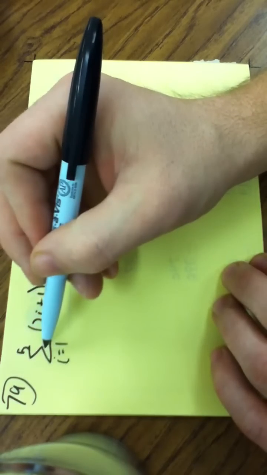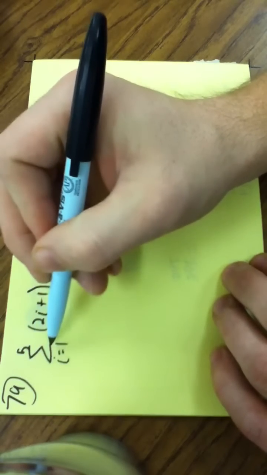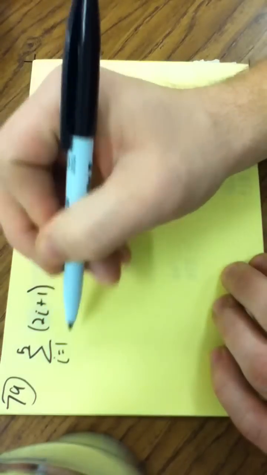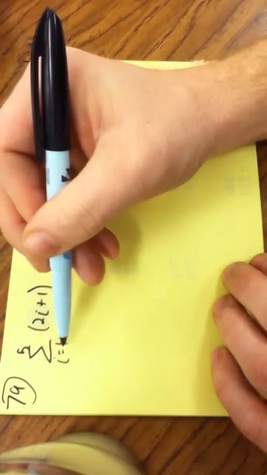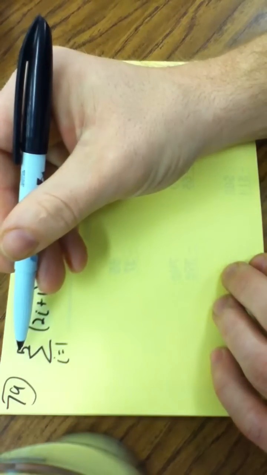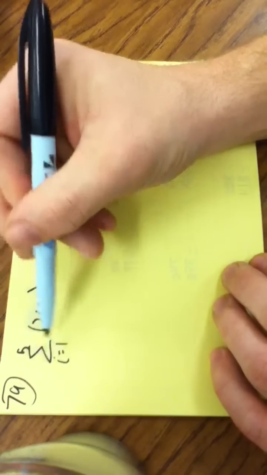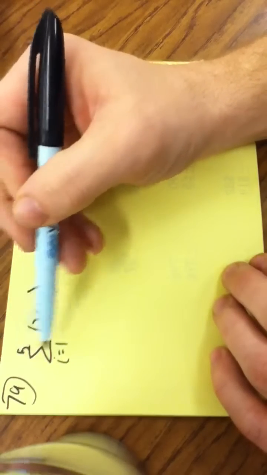It starts with S, so we like to use it for summation notation. What this is telling me is basically going to be the same as writing the first through the 5th term. But again, this is summation notation, so we're going to find the sum of all those terms. So we're going to write down the first 5 terms, then we're going to find the sum of all of them.